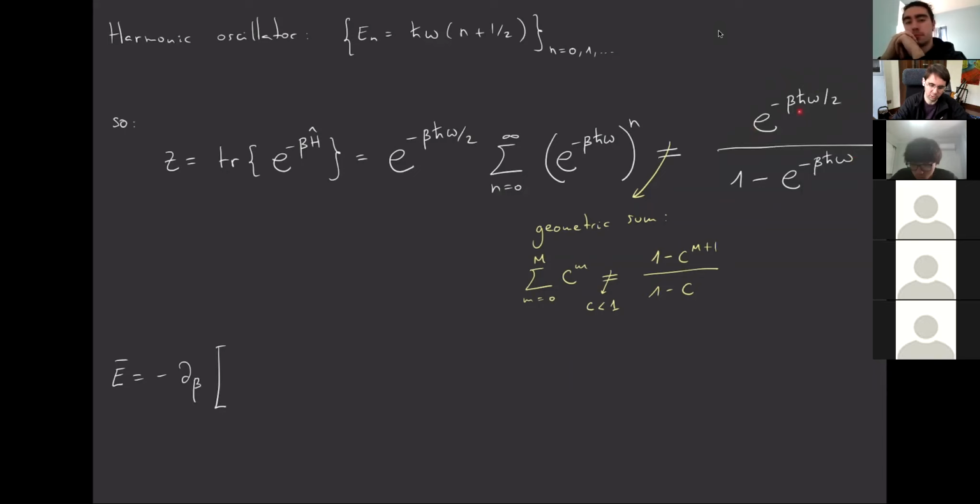The numerator is an exponential, so we get only the exponent when we take the logarithm. So this is minus beta h bar omega over 2. And then we have minus the logarithm of the denominator, which is the logarithm of 1 minus exponential of minus beta h bar omega.